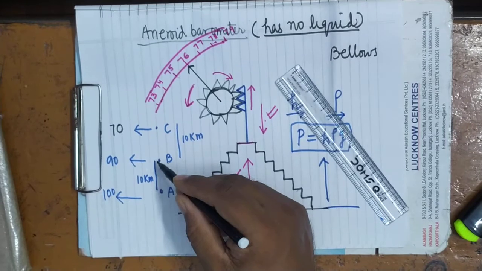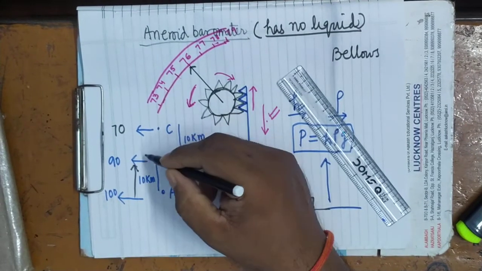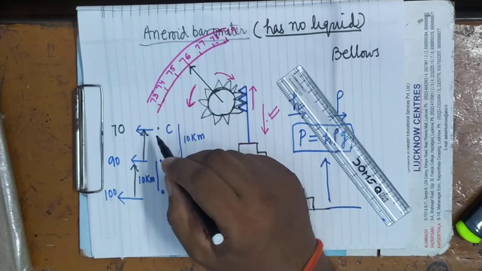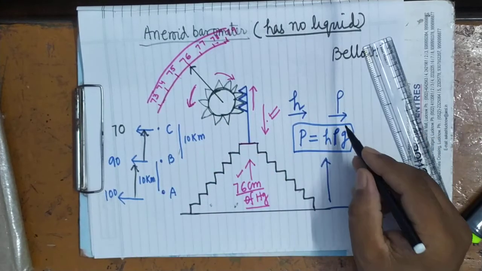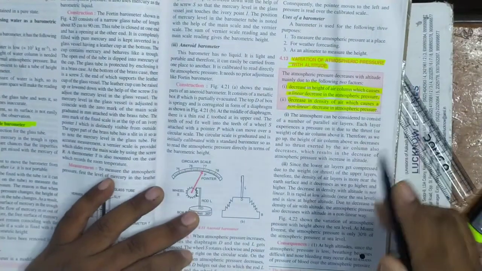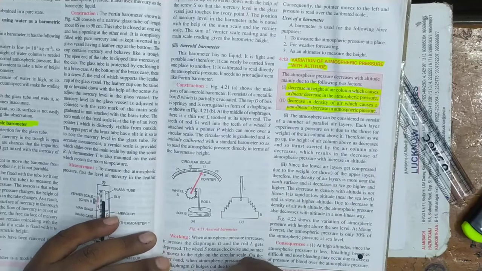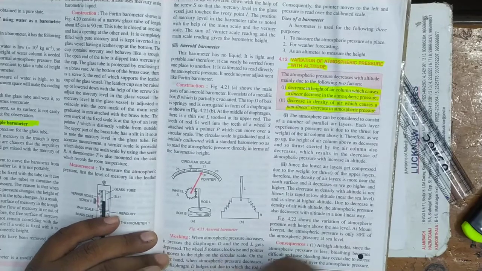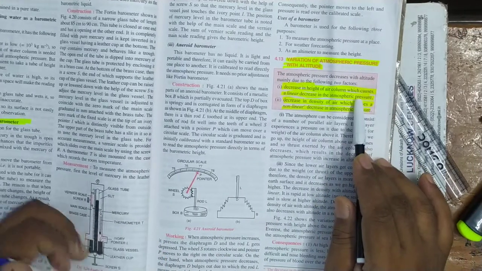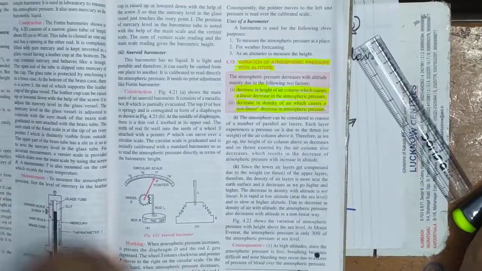Meaning here, at the 10 kilometer, density decreases by 10. And here, at the 10 kilometer, density decreases by 20. Meaning the density is changing non-linearly. Therefore, the decrease in density of air causes a non-linear decrease in atmospheric pressure, while the decrease in height of air column causes a linear decrease in atmospheric pressure.